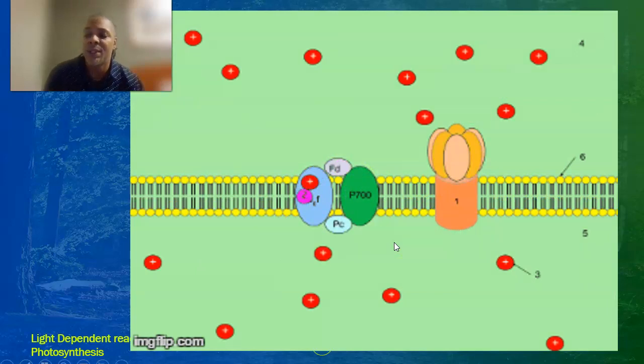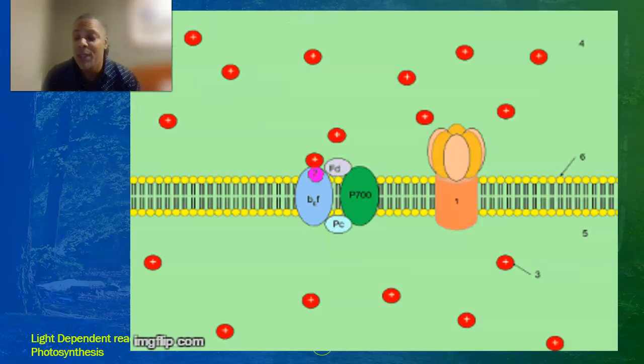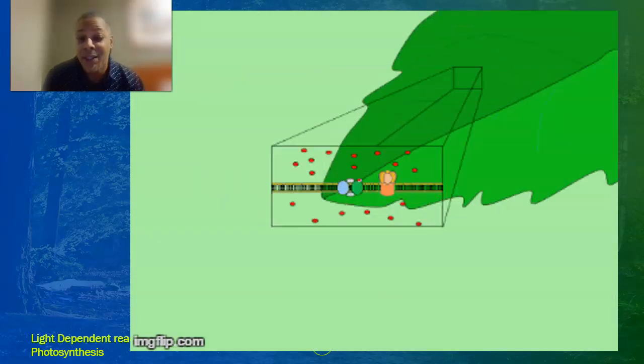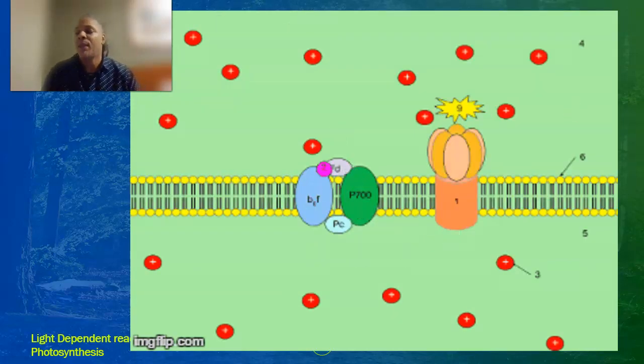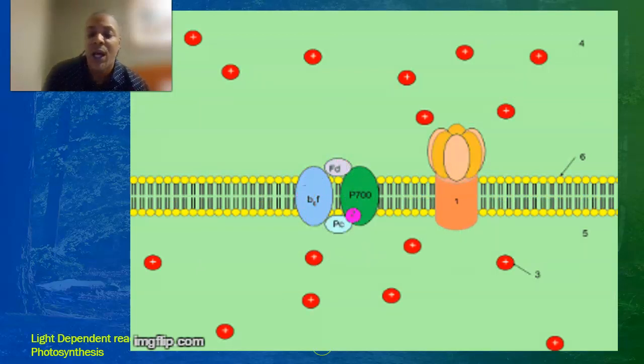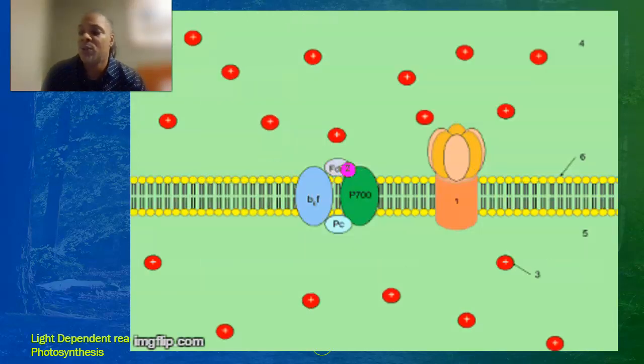The energy from this electron drives the formation of NADPH from NADP plus and a hydrogen ion. Now that the solar energy is stored in the energy carriers, it can be used to make a sugar molecule.